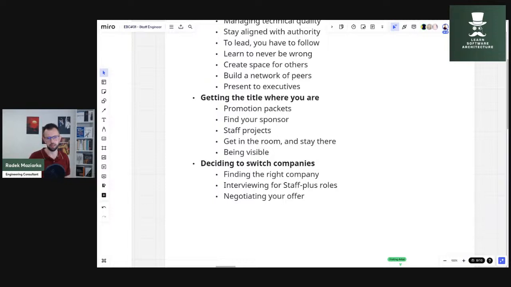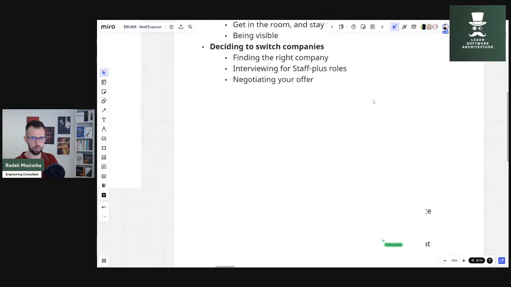And then whether deciding to switch companies, what's the option to find the right company, and how to interview for this kind of role. Yes, and it would be extremely valuable if you are looking for such a position right now.